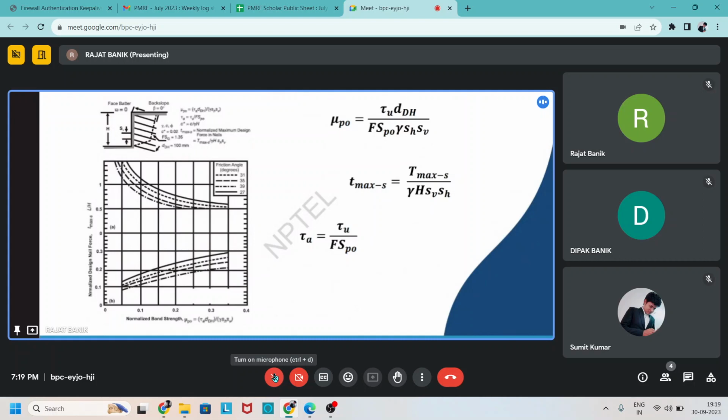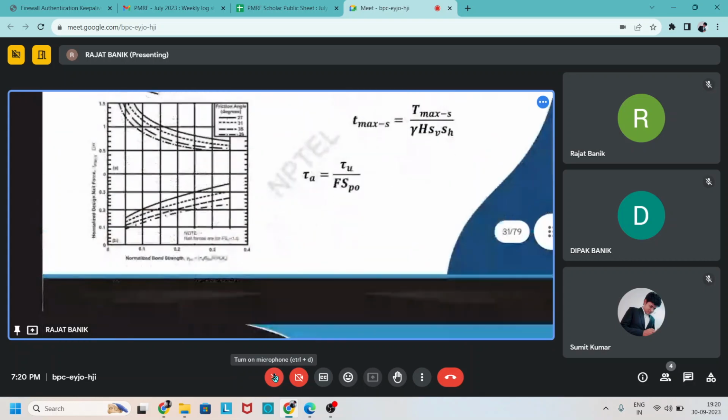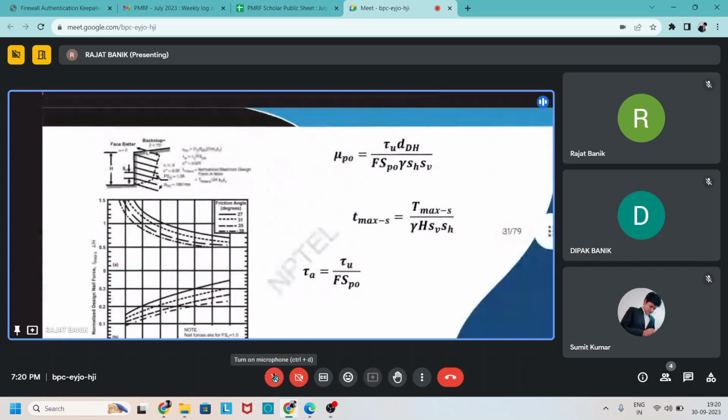There are four conditions given. One is when the face angle and also the back slope are 0, and one is given when the face angle is 15 degree or 10 degree, back slope is 0, and the second one is given for when the face angle is 0, back slope is 10 degree.